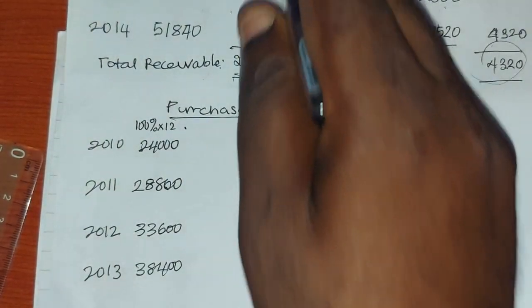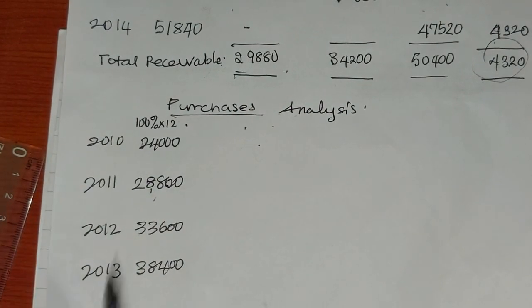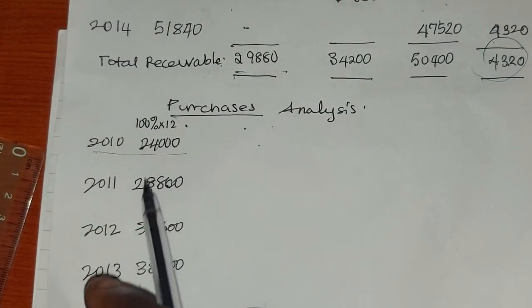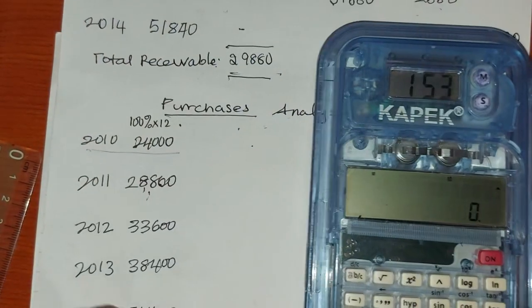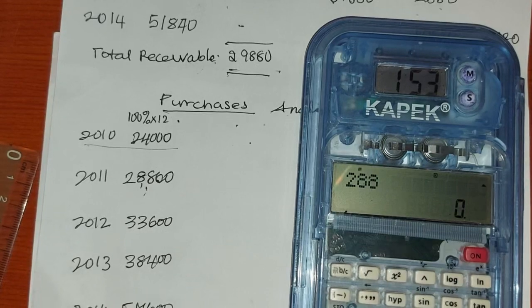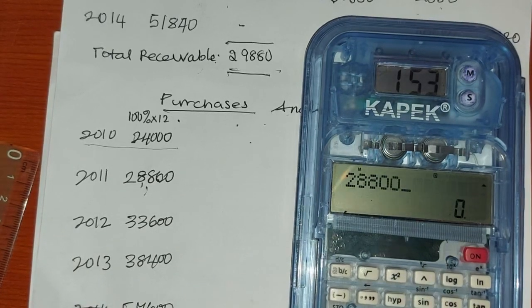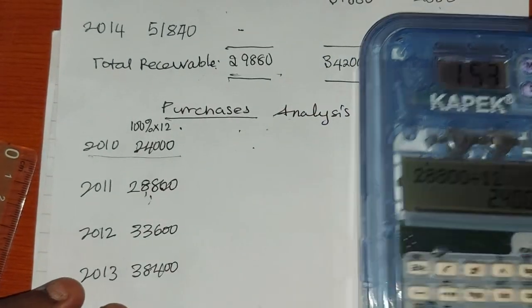So for 2012, we divide this by 12. So we have 28800 divided by 12. That is 24.